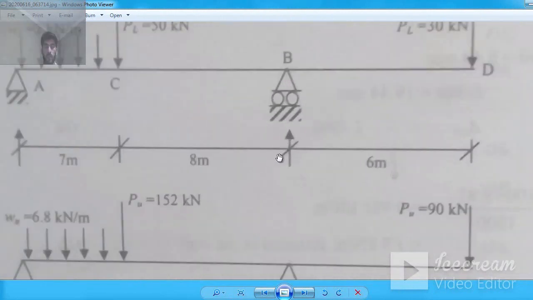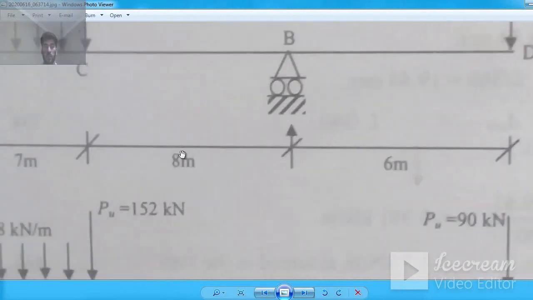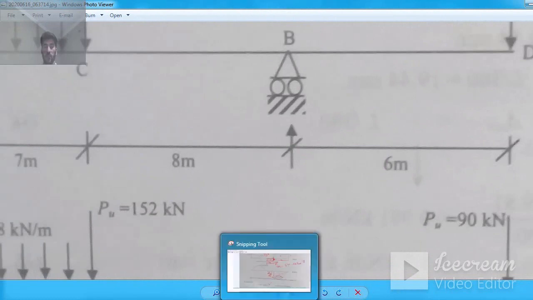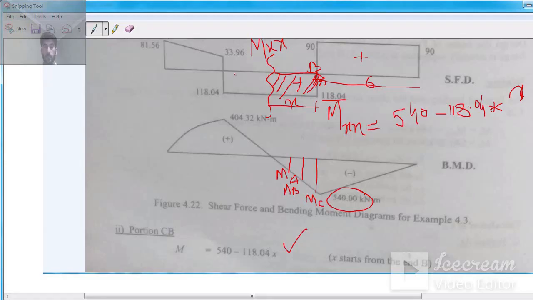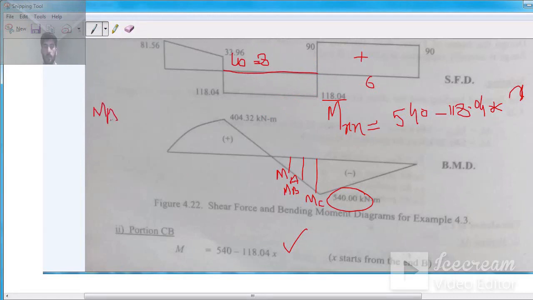Now if you divide 8 meters by 4, okay, let me rub it. Now you see the length of this portion, LB, is 8 meters. Now I have to consider MA and B. For MA, you have to use LB by 4, and you already know 8 divided by 4 you get 2.